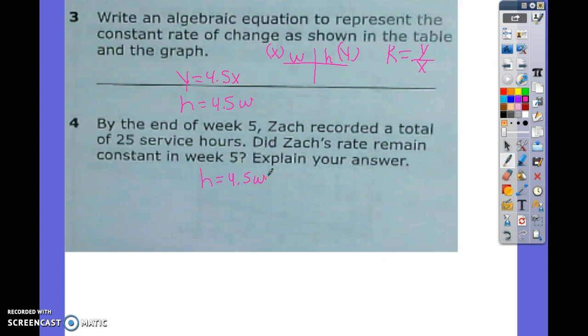So we're going to substitute in the number of weeks, which is 5, and then solve to see, is that going to give us 25 hours? 4.5 times 5. 5 times 5 is 25, carry the 2. 5 times 4 is 20, plus 2 is 22. So we need 1 decimal place in our answer. So we get 22.5. So it is not 25.